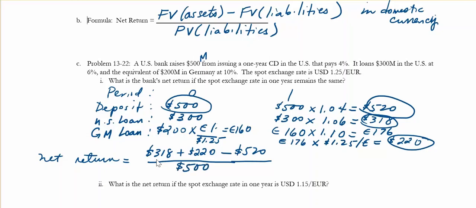So for the $500 million you collected in deposits, you've made a total of 538 in cash flows from the assets, but then you have to pay back 520 in deposits, 18 over 500, and you get a net return of 3.60%.